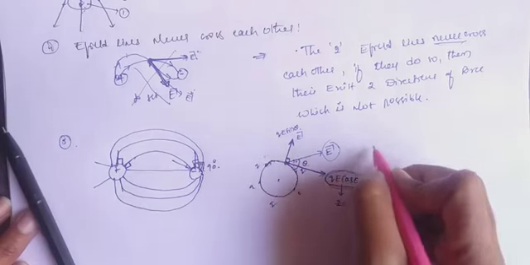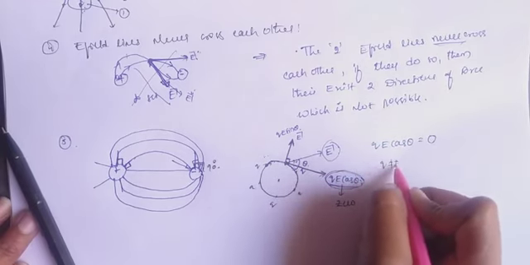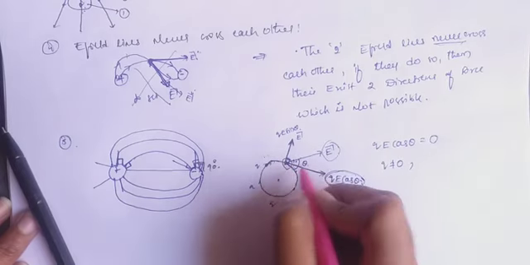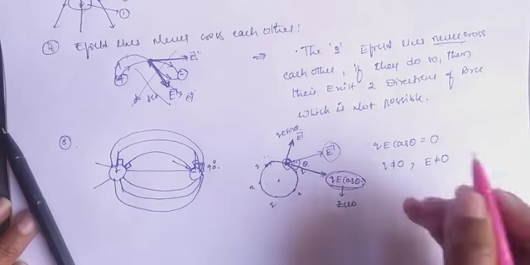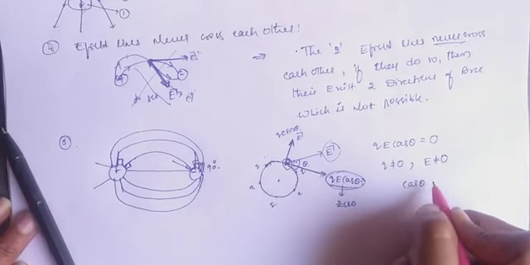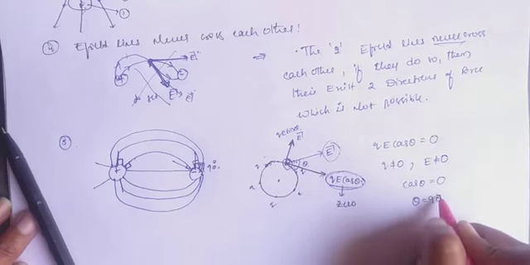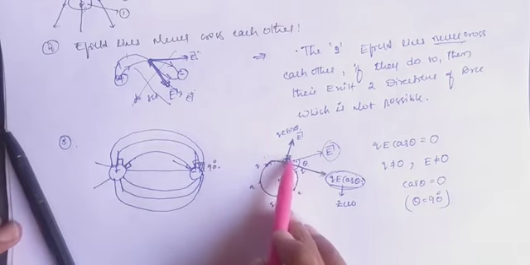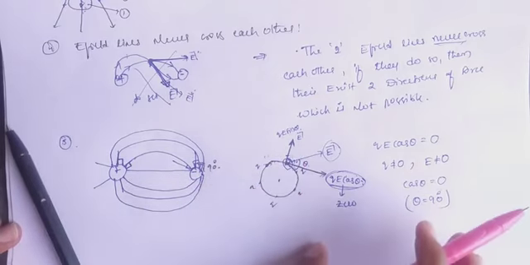QE cos theta becoming 0 does not mean Q equals 0. The charge is never equal to 0, here there exists some charge. If there is a charge, then the electric field is not equal to 0. Then the cos theta must be equal to 0, which means theta is equal to 90 degrees. So if there exists 90 degrees between them, then only we get the field due to the charge correctly.